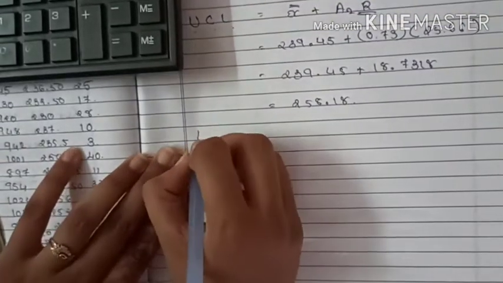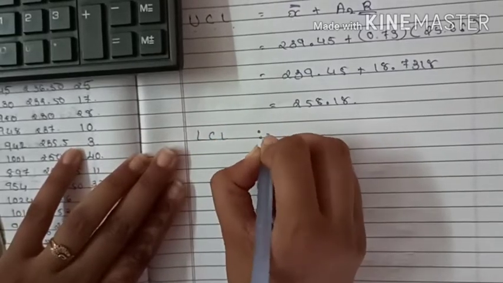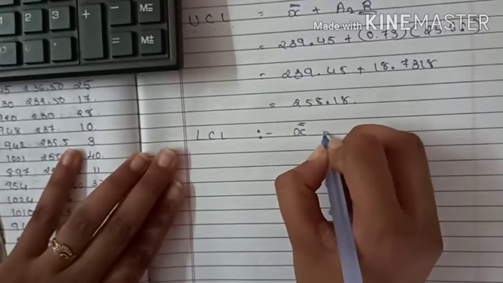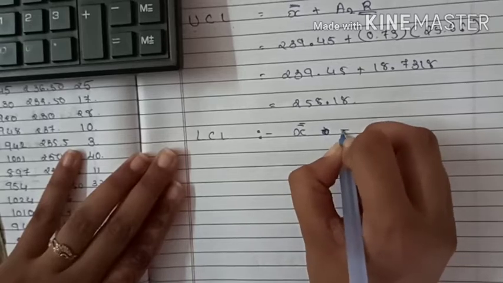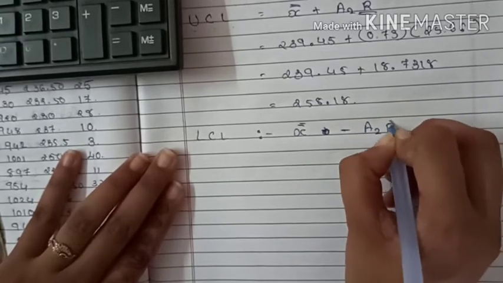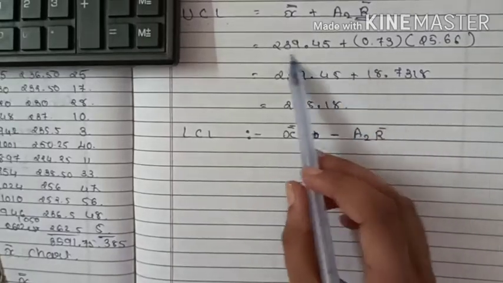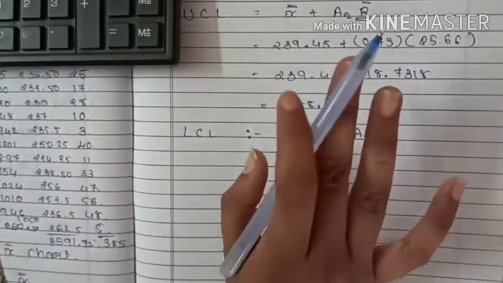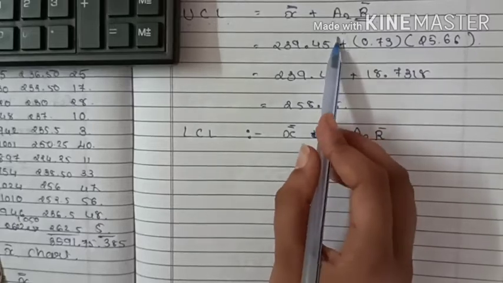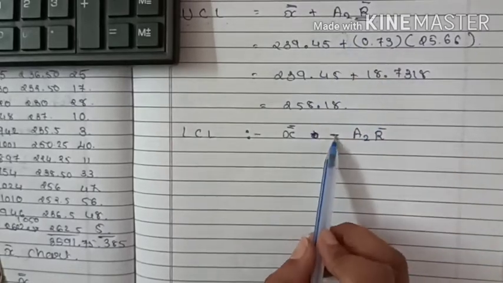Now lower control limit: X double bar minus A2 R bar. So we have all the values. There is only one difference, a sign difference. Here it's a plus, here it's a minus.